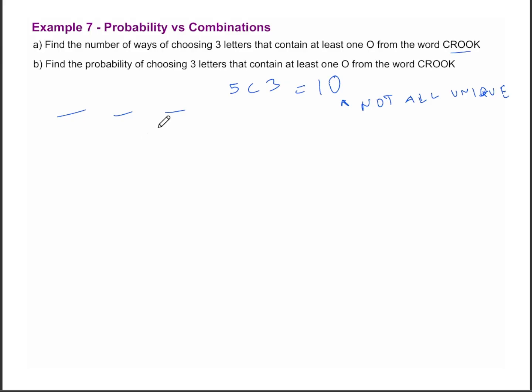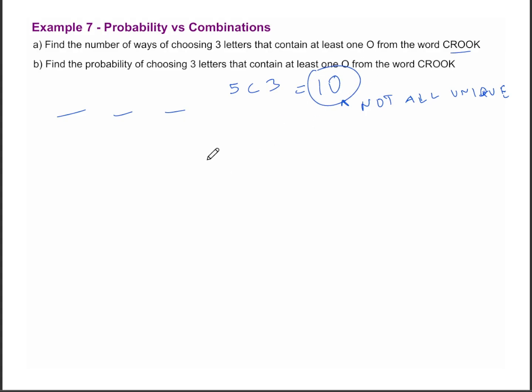Then remember, if we want to choose the letters that have at least one O, then we can use the complement method. If you want at least one O, then we find the case that has no O's, then we subtract it from the total.